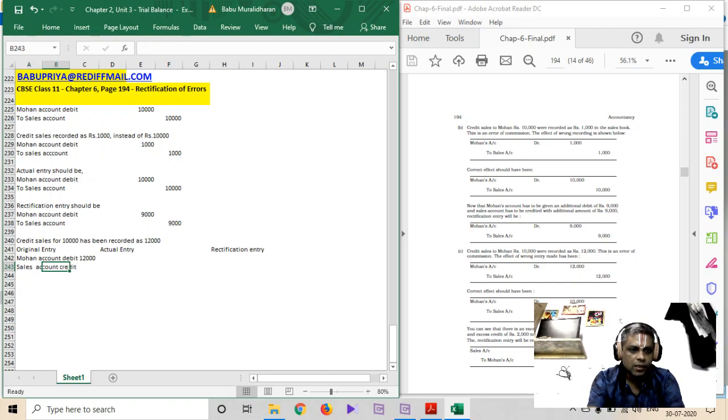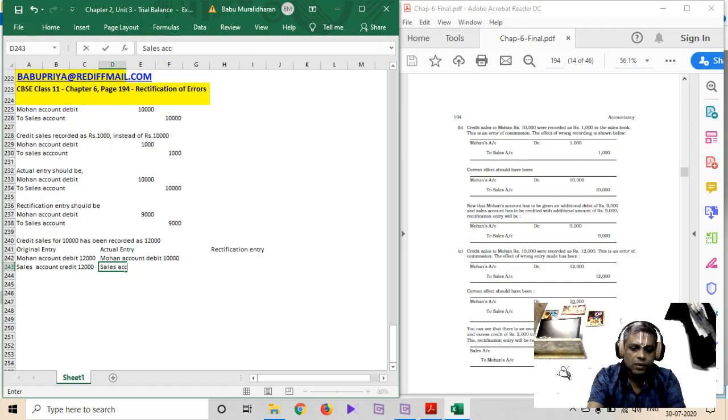Whereas the actual entry should be Mohan account debit 10,000, sales account credit 10,000. Now what should be the rectification entry?